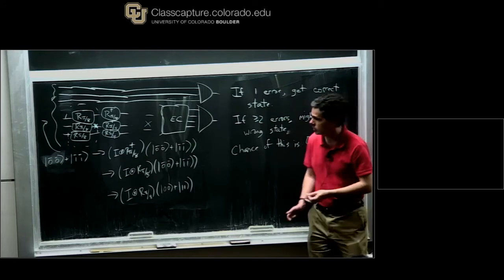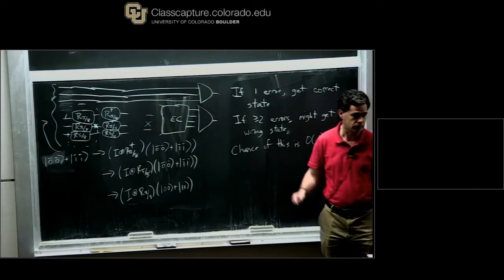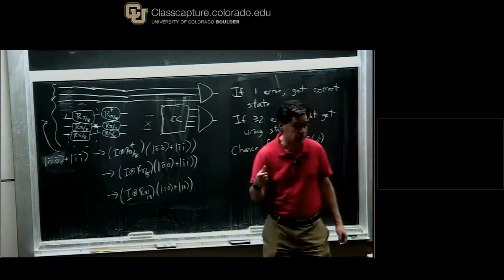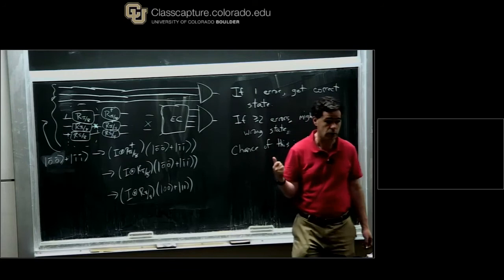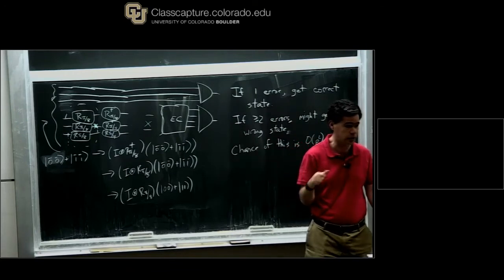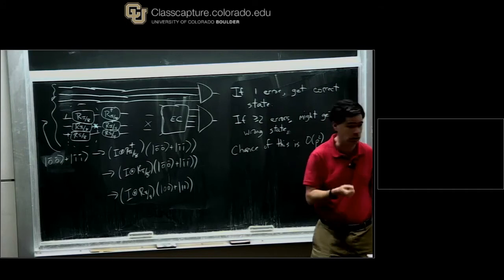OK? It's going to be roughly 15 choose 2 times p squared for the various places that you can get two errors. So the point is that when p is smallish, we've made it much smaller. Which is just what happened with error correcting codes in general, right? We're taking small errors and making them even smaller.